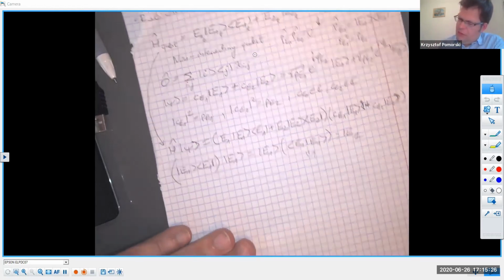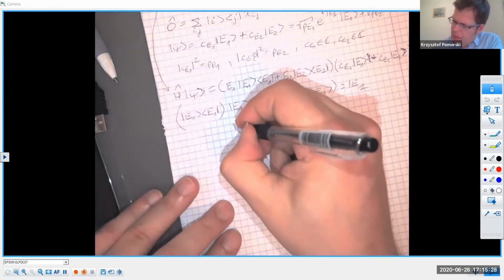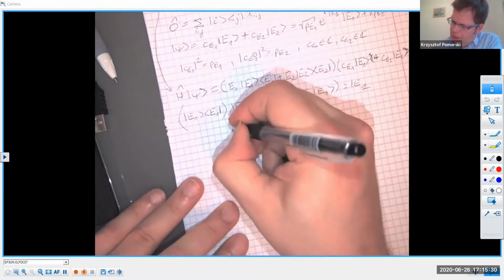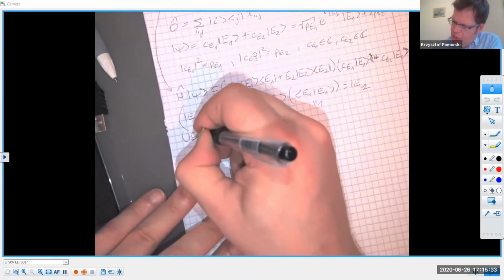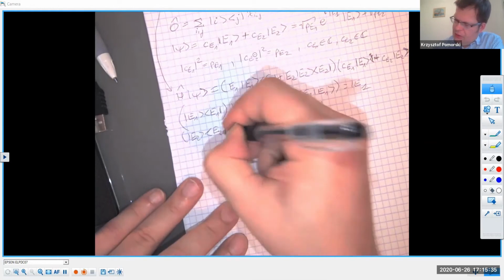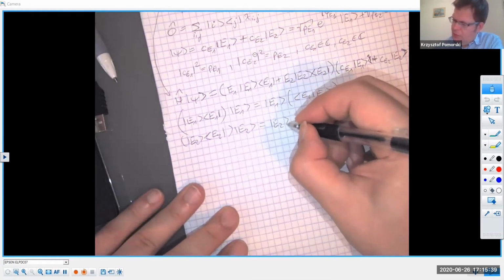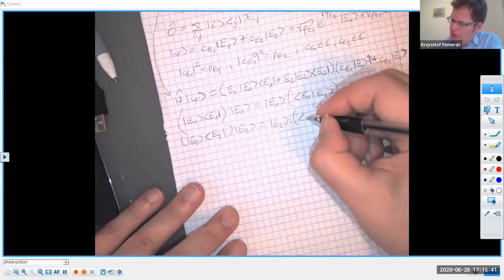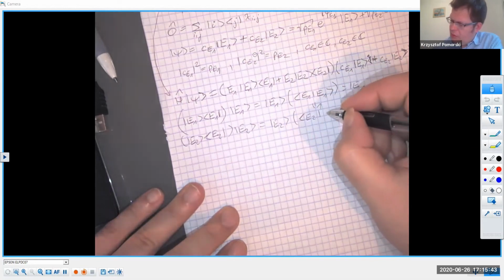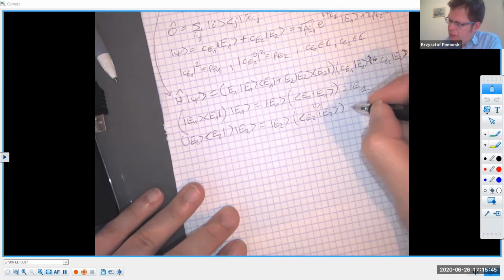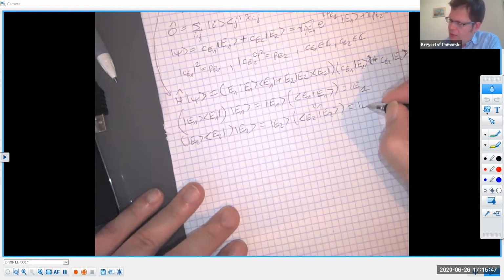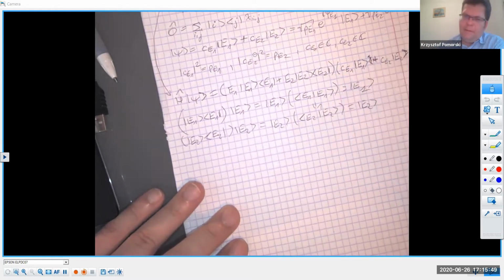The same with E2 acting on this state: it gives you E2, and then there is E2 again, okay?